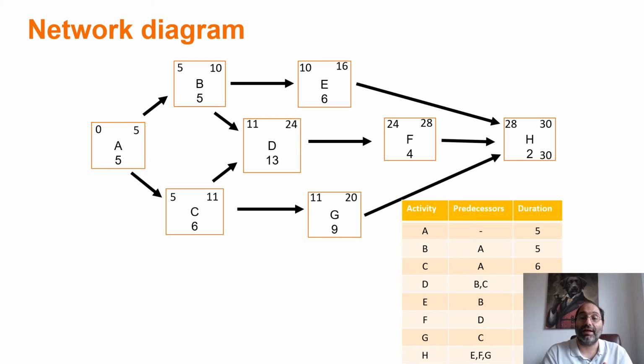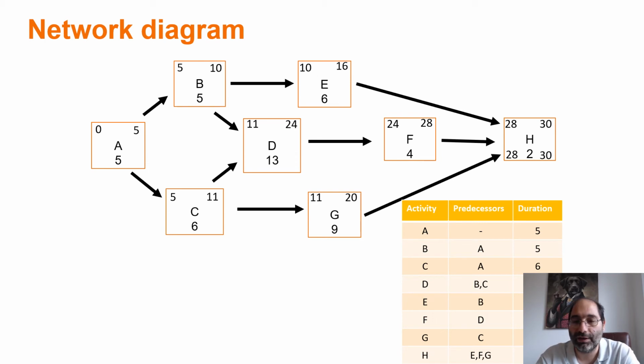Now, as we said earlier, this is a subtractive move. So starting from 30, if the late finish for activity H is 30 and the duration of activity H is 2, then what is the late start? 30 minus 2, the late start is going to be 28.